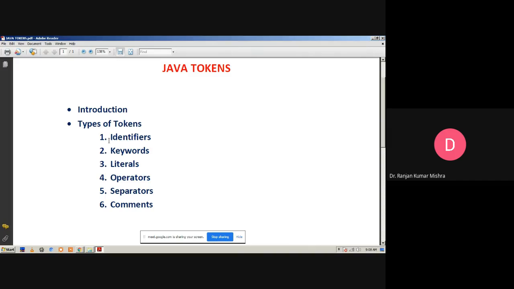These are keywords generally used in Java. Now we discuss the literals. Literals are also known as constants. A literal is a constant value written into a program instruction.